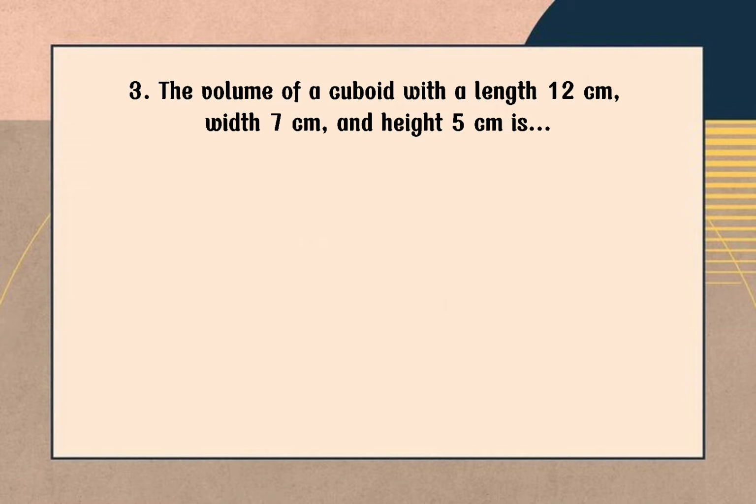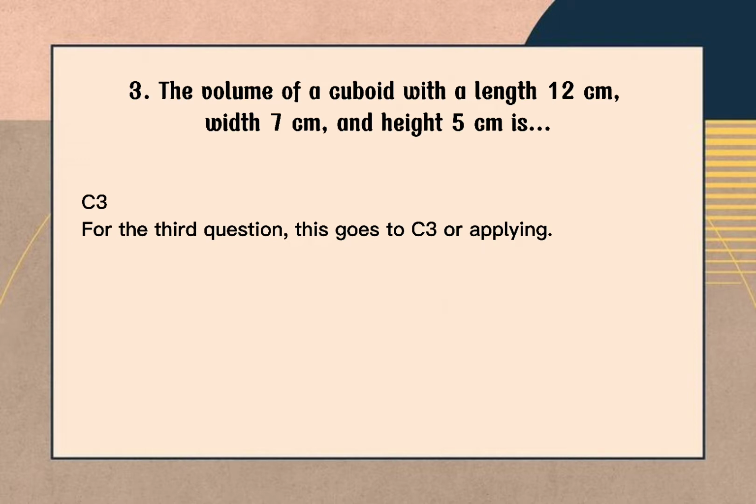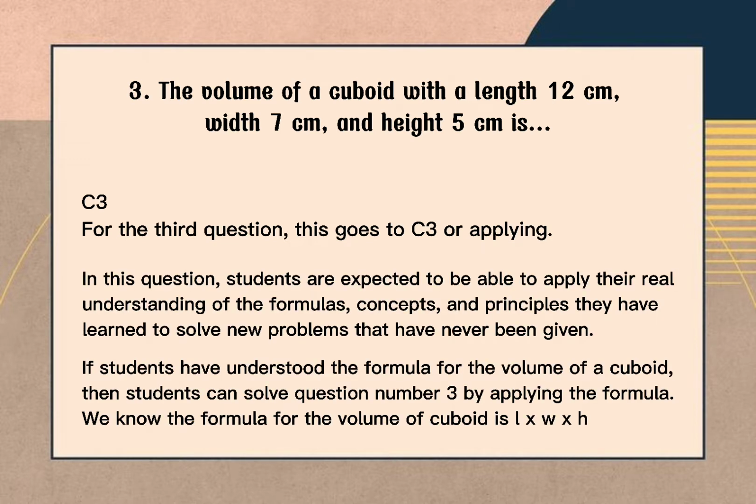Question number 3. The volume of a cuboid with a length of 12 cm, a width of 7 cm, and a height of 5 cm is... For the third question, this goes to C3, or applying. In this question, students are expected to be able to apply their understanding of the formulas, concepts, and principles they have learned to solve new problems that have never been given.